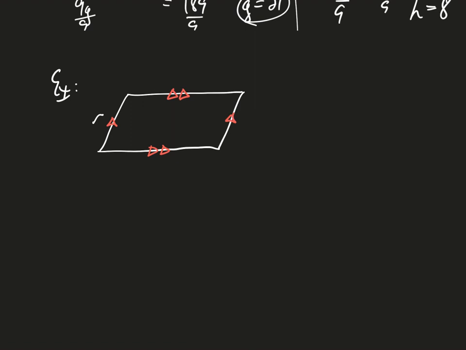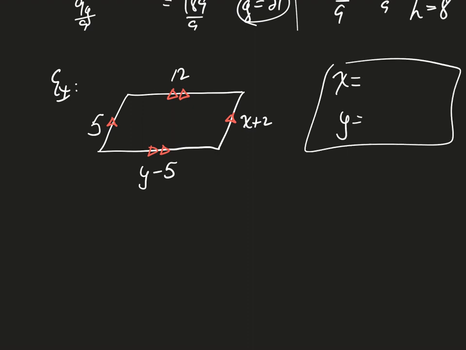Okay, so now this side is going to be a 5, this side is going to be a 12, this side is going to be a y minus 5, and this side is going to be an x plus 2. My question will be, can you help me find the values for x and y? Pretty easy, as long as you look back to theorem 8.3. In 8.3, the theorem says if we have a parallelogram, its opposite sides are equal.